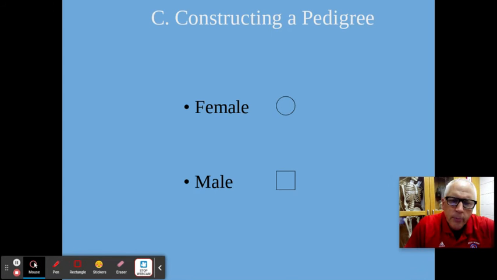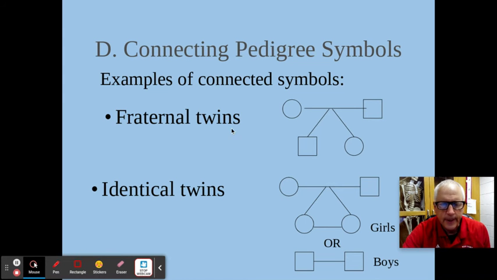So what we have with pedigrees is a circle is a symbol for a female. A square is a symbol for any male, okay? If they have open circles or open squares, it means they don't have any diseases or genes for that disease. Lines and symbols mean things on pedigrees as well.